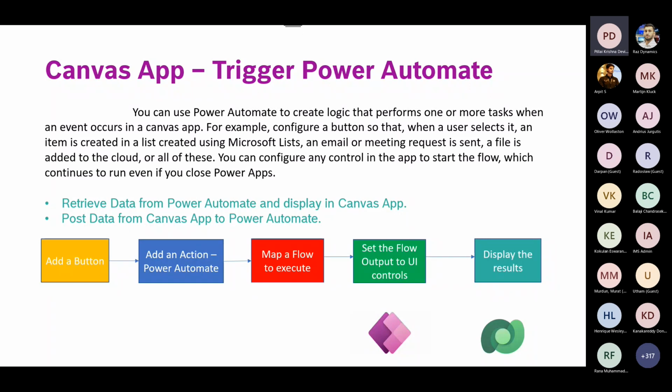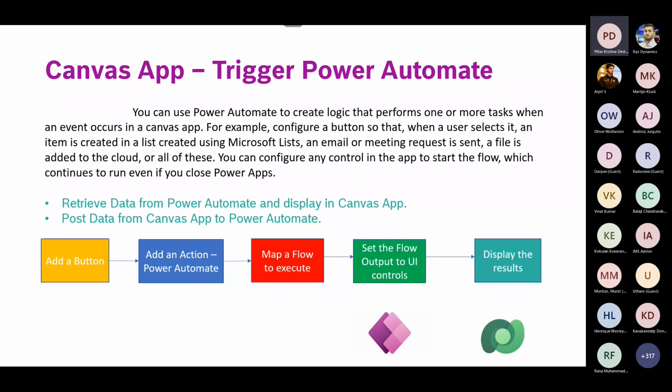What actions are possible when I use Power Automate? It is a two-way communication. Sometimes I will be able to retrieve data from Power Automate and display it in the Canvas app. Or sometimes, based on the need, I will be able to post data from the Canvas app to Power Automate. The steps are very simple. Add a trigger point, a button or an image control which has a select or click event.